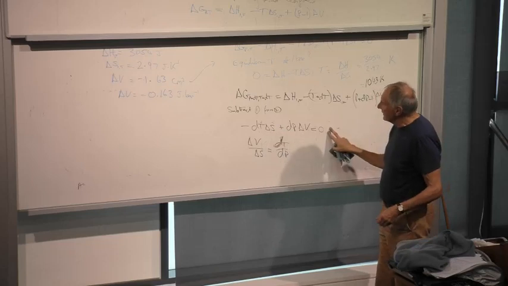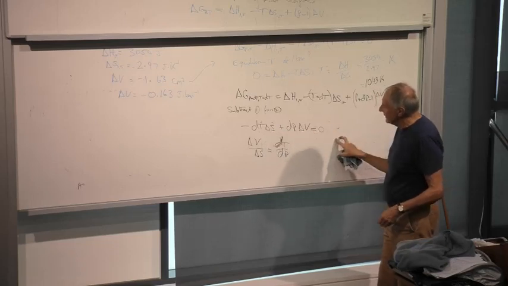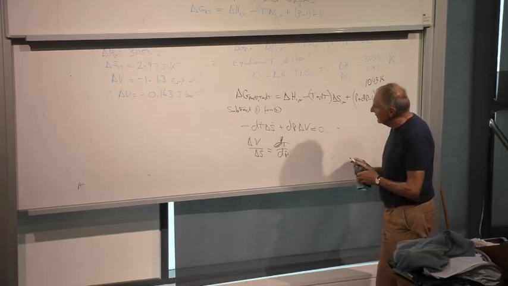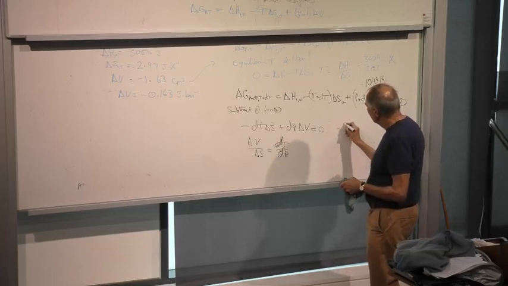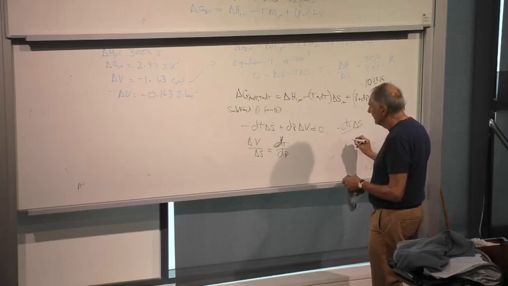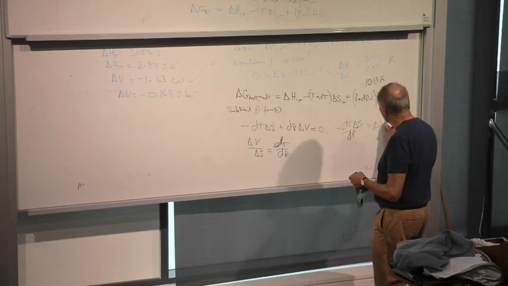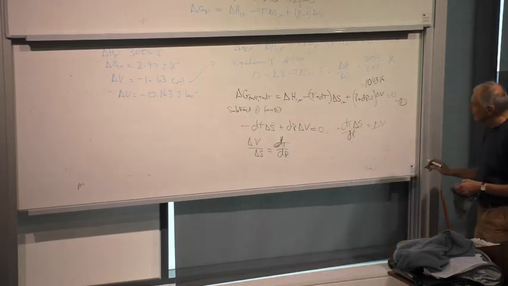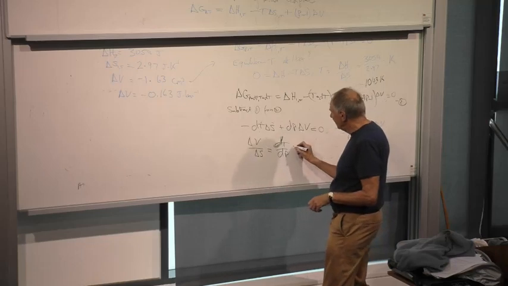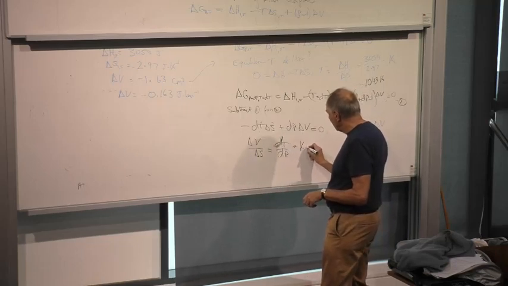Put that on the other side, divide by the dP. So that's it. The dT/dP is delta V over delta S, and that will be in K per bar.